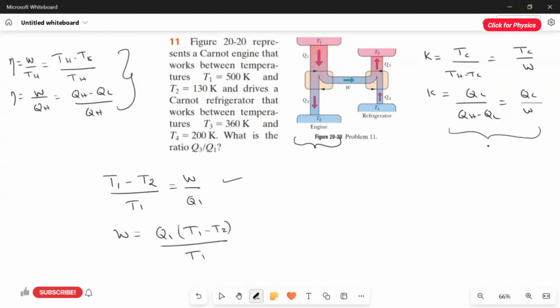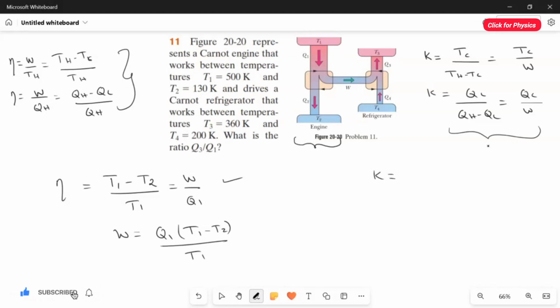Now I'm going to apply the formula for the Carnot refrigerator, that means the coefficient of performance. So how can we write the coefficient of performance here? It is equal to TC over TH minus TC. This is TC, this is TH.